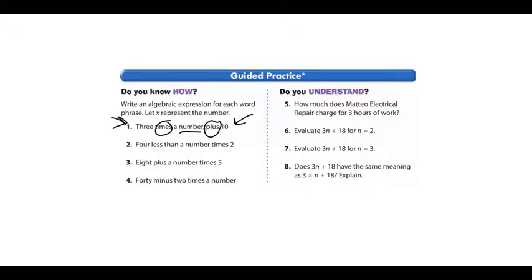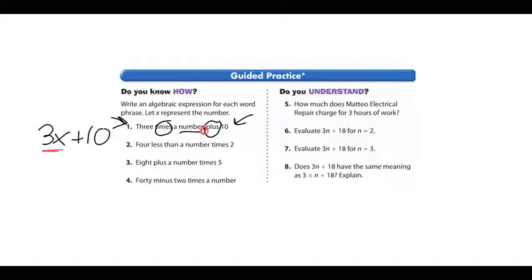So 3 times a number, I'm going to write over here to the side, 3x, because that means 3 times, plus 10. Now that could be interpreted different ways, but if I read this phrase the way I read it, there's a comma there, let me highlight it in red. There's a little comma there that helps me know this is the first part of the expression, and then we add the 10.